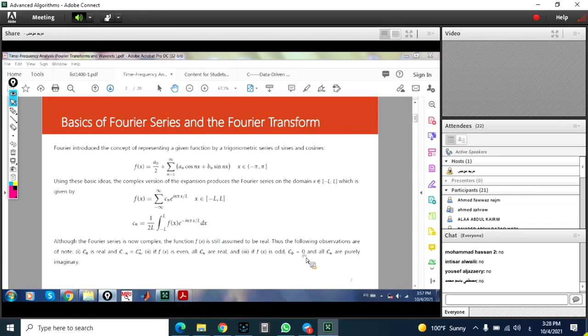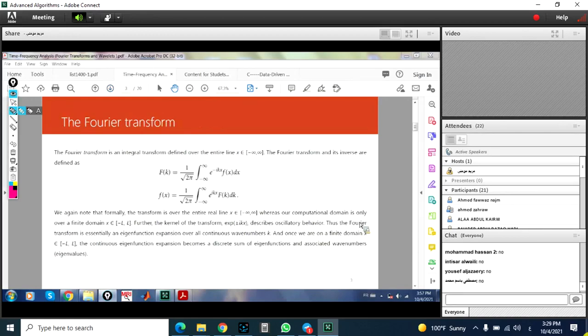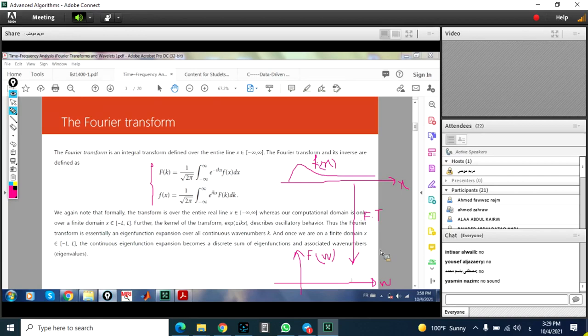This is Fourier space, the Fourier environment. If we transform the function to the Fourier space, the function is related to frequency. And why do we use the Fourier transform? What are the advantages of the Fourier transform?